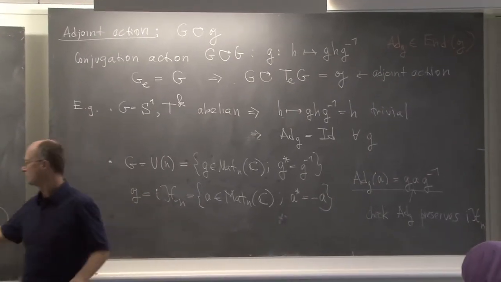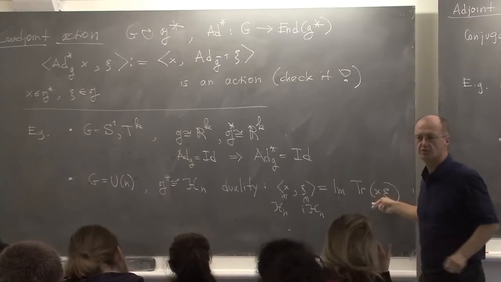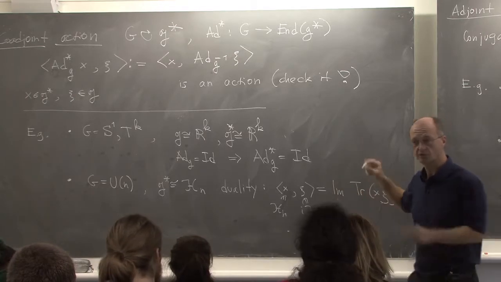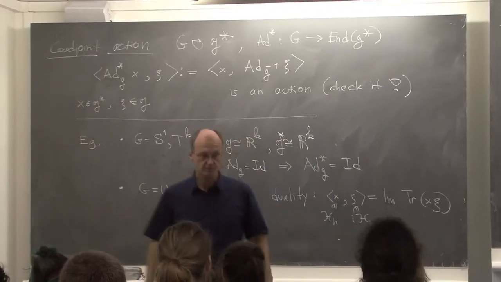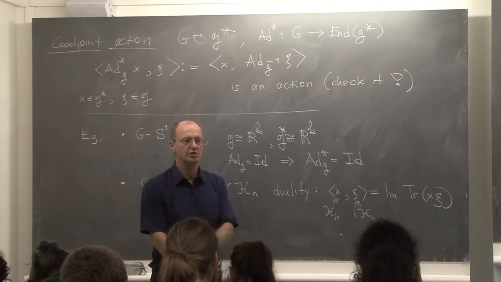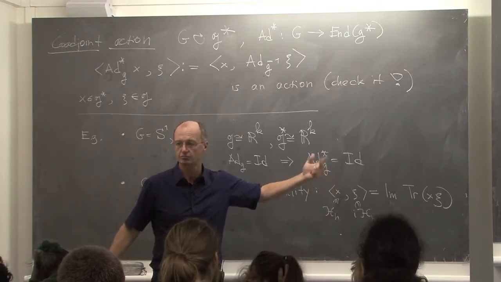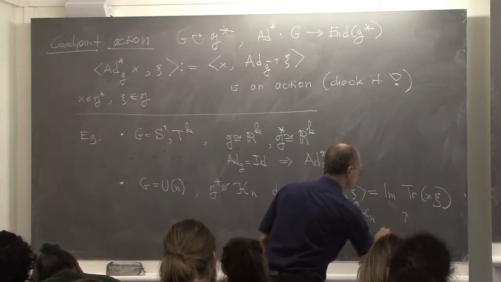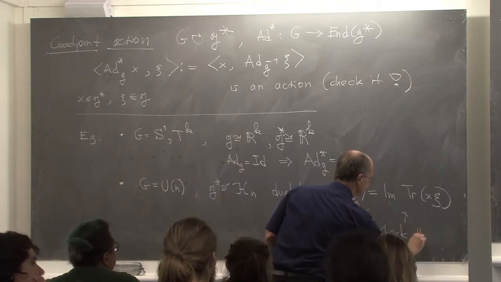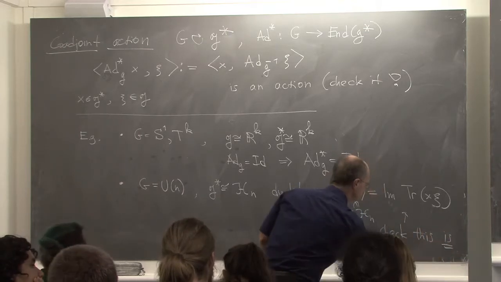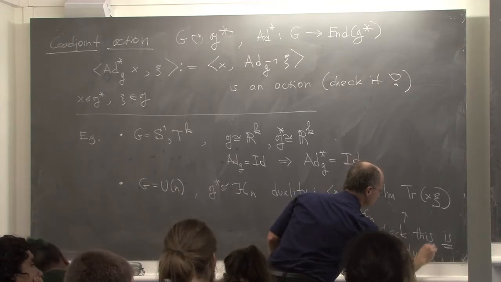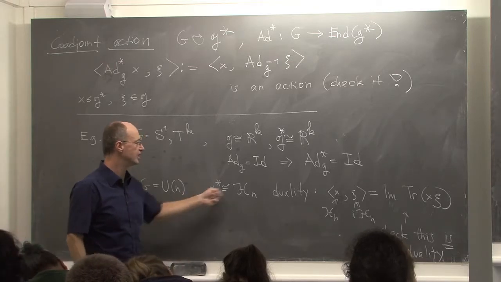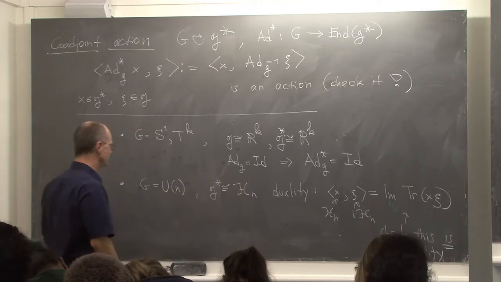So this means this is more or less a pairing between Hermitian matrices with a trace, and then real part. So then of course one needs to check that this is indeed a duality. But it turns out to be the case. So if this is a duality, then G star is identified with the space of Hermitian matrices.